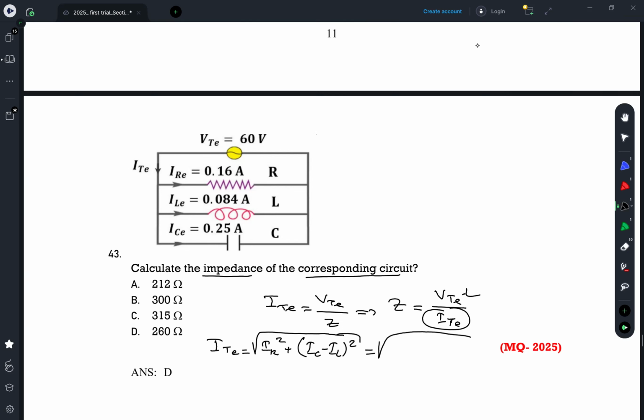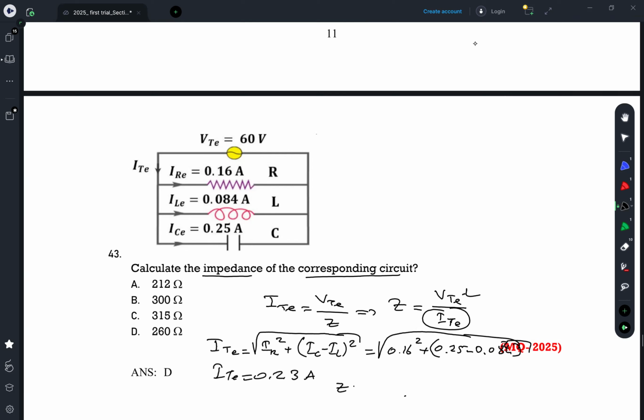Root of 0.16 squared plus IC, which is 0.25 minus 0.084, then square it, plus 0.16 squared. Then take the root of the answer, 0.23. So I total effective is 0.23 ampere.